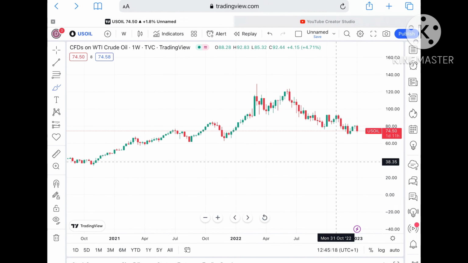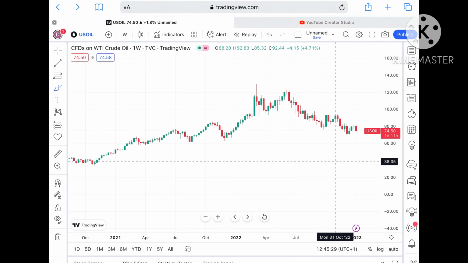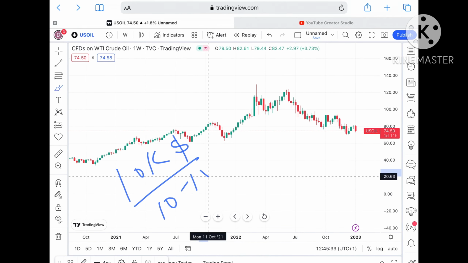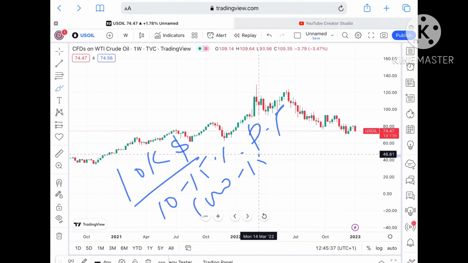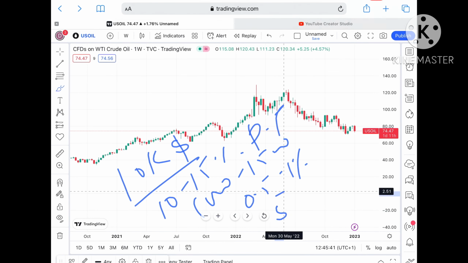Now you have to understand something: in trading, most people lose money. Suppose you are trading with $10,000, try to trade with 10 to 15% of capital per trade, that is $1000 to $1500. Risk 0.5 to 1%, that is $50 to $100.